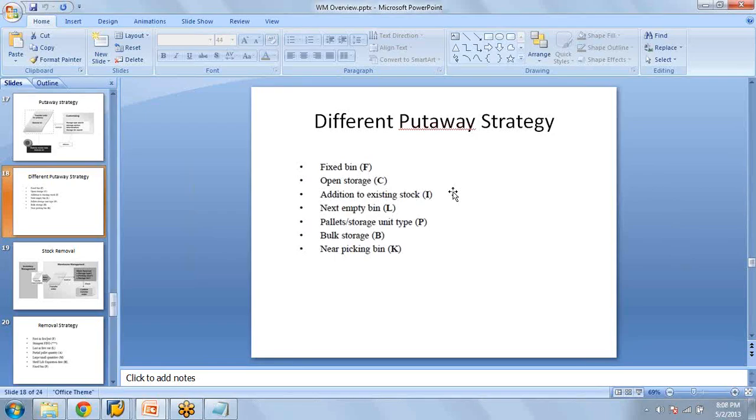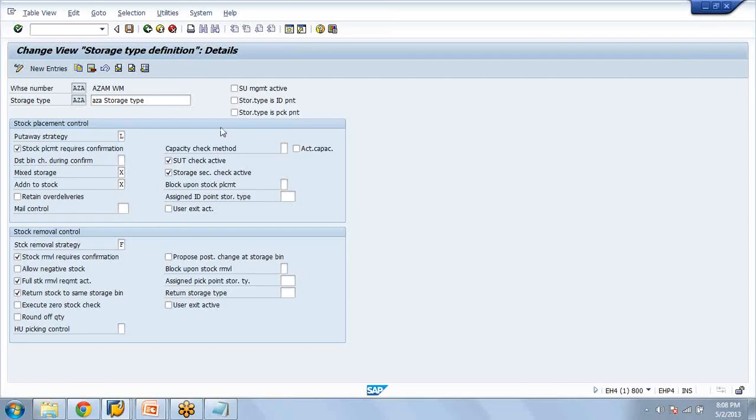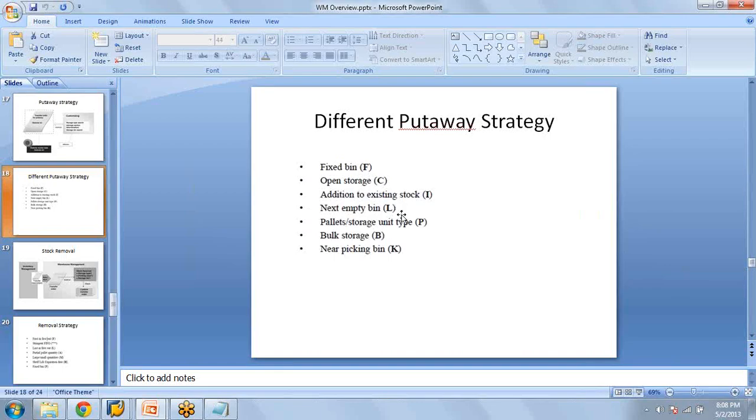Every material under this storage type will always be stored in this common area. In that case you use open storage. We have also activated addition to existing stock. And next bin, what we are doing, I will concentrate mainly on the storage unit type, bulk storage and the fixed bin.